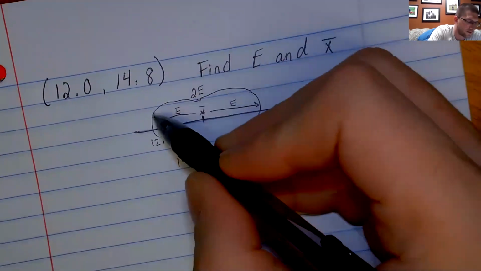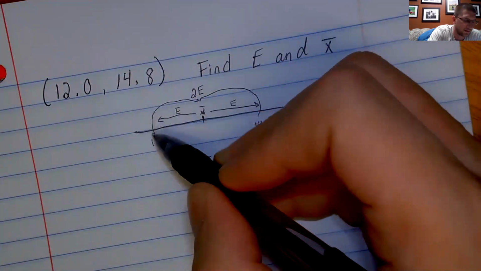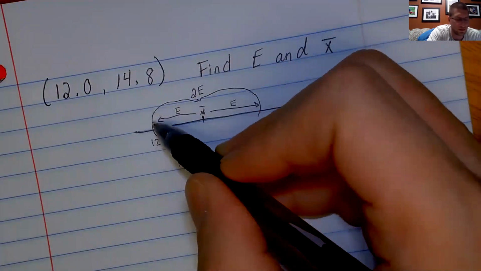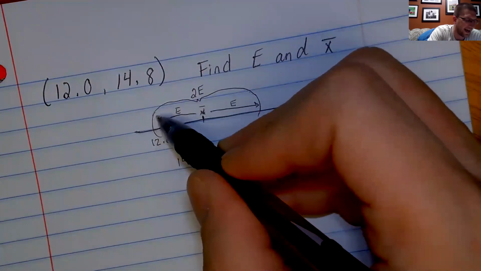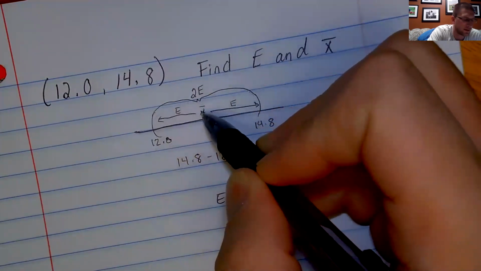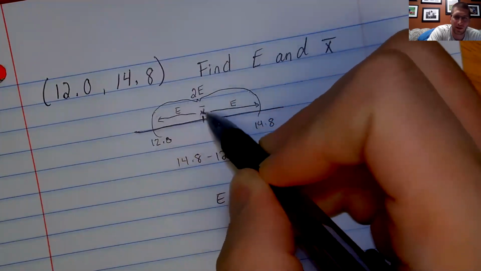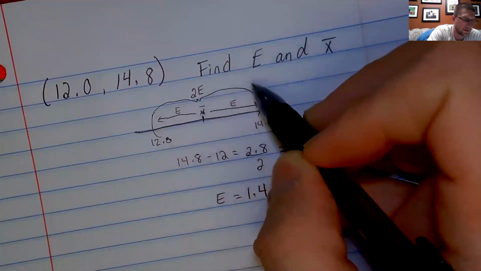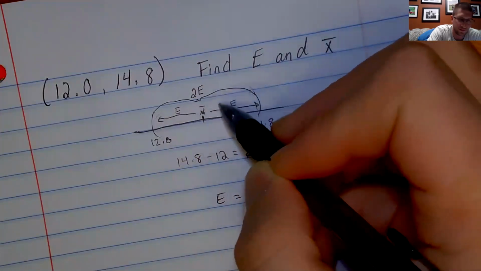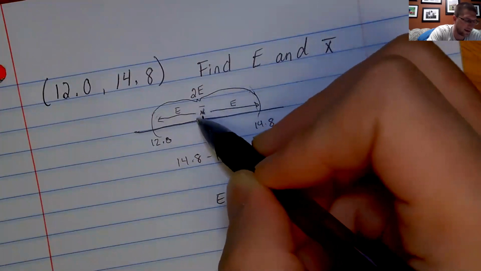Now, if I start from one of these endpoints, like the lower limit in this one, if I add 1.4, my margin of error, that will get me back to this point estimate X bar. You could also take the upper limit and subtract that margin of error 1.4 to get back to X bar.